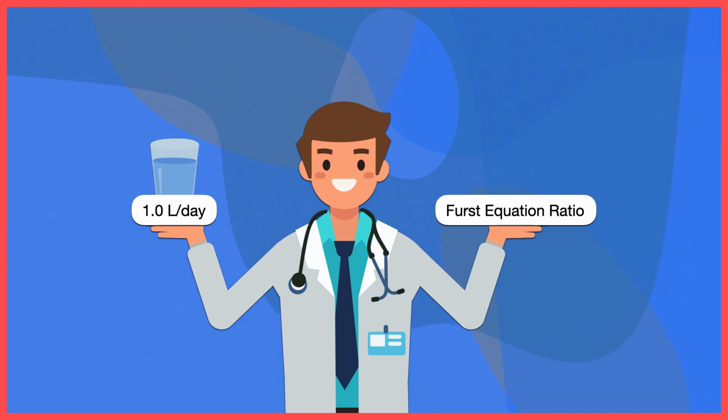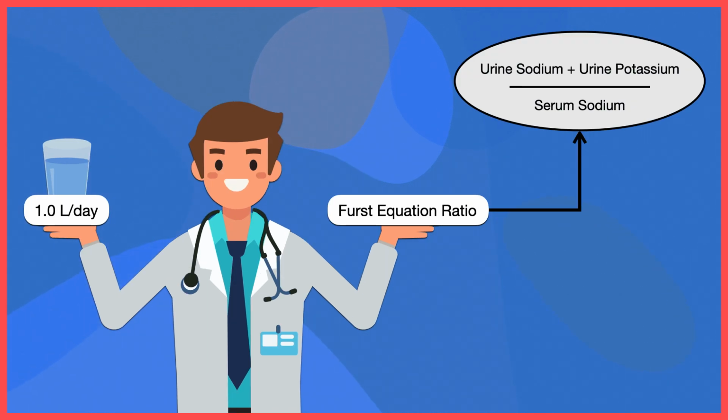Elsewhere, the most common suggestions I've seen are to either restrict fluid consumption to 1 liter per day or use the Furst equation ratio to guide fluid recommendations. This ratio is determined by adding the urine sodium and urine potassium concentrations and dividing them by the serum sodium level.